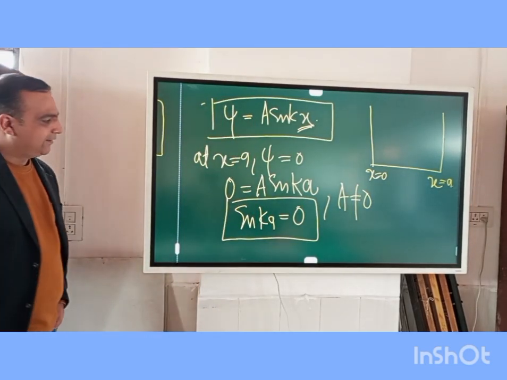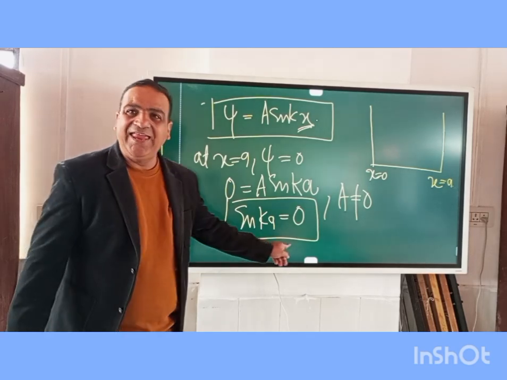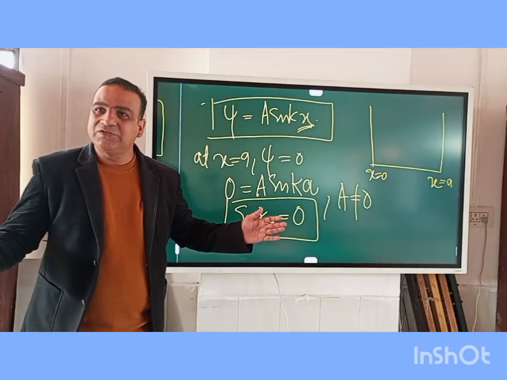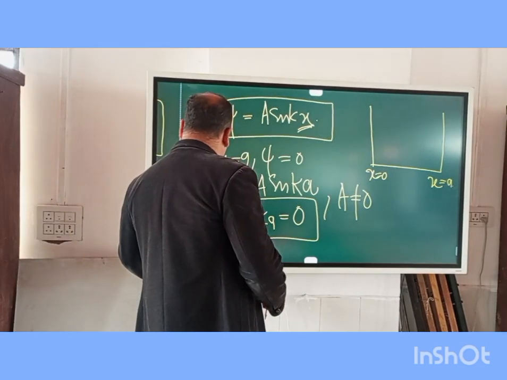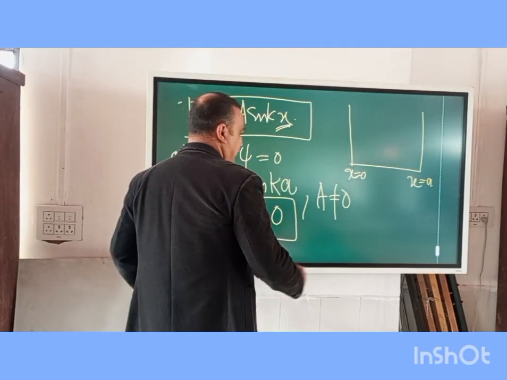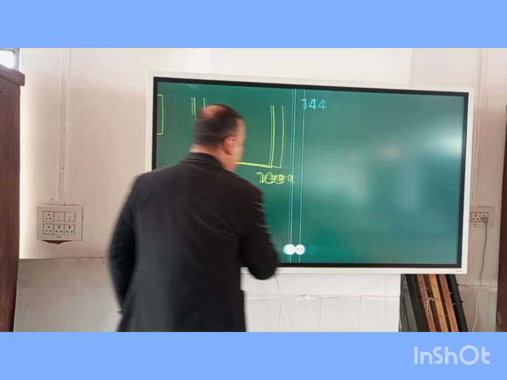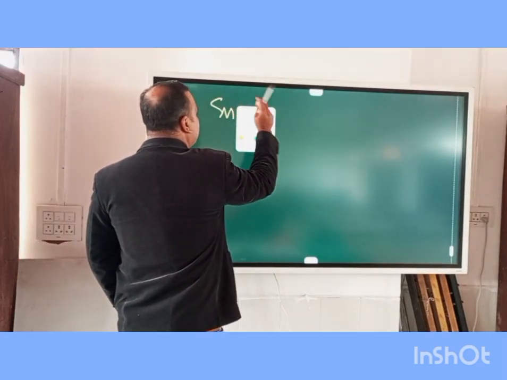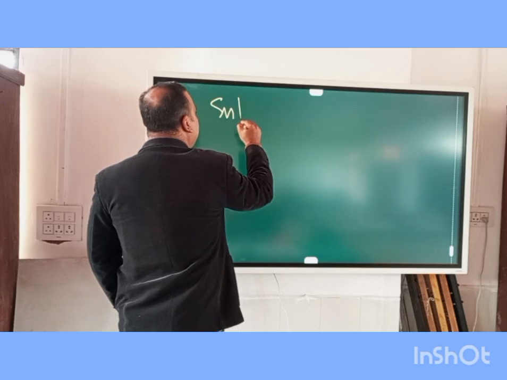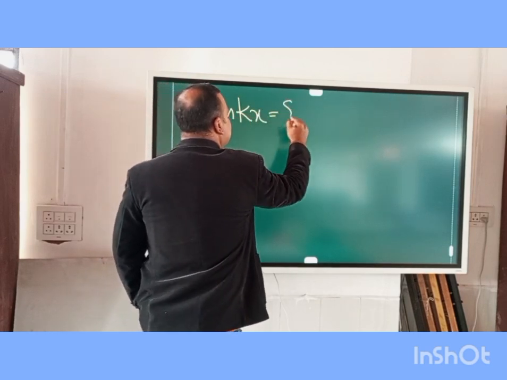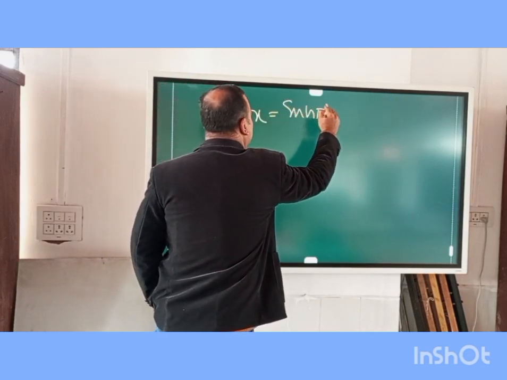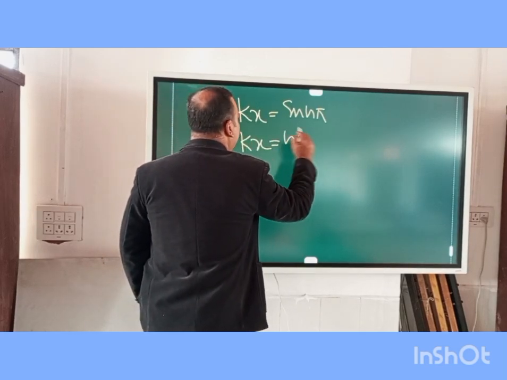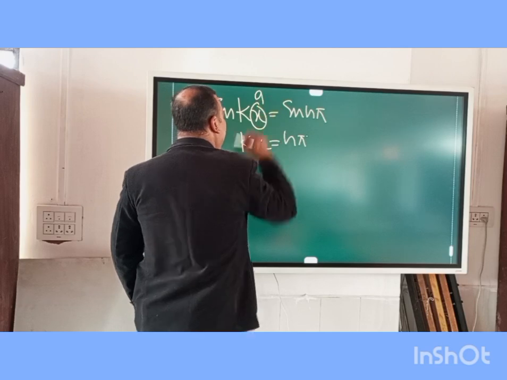Clear? So sine ka equals 0 is simply sine ka equal to sine of n pi, because sine of n pi is equal to 0. So I will write sine of kx is sine of n pi, and this kx will be then n pi, but this is not x, this is a.